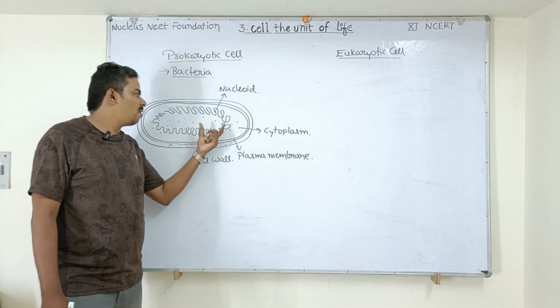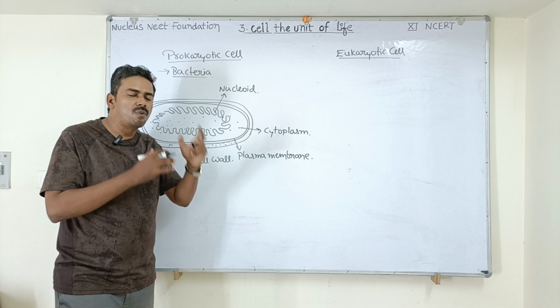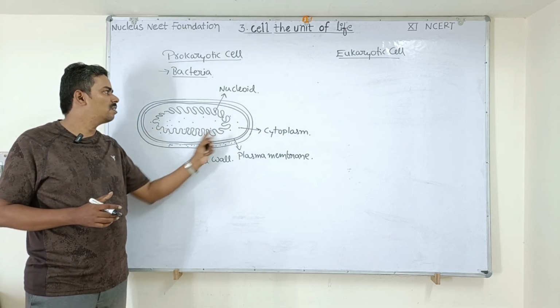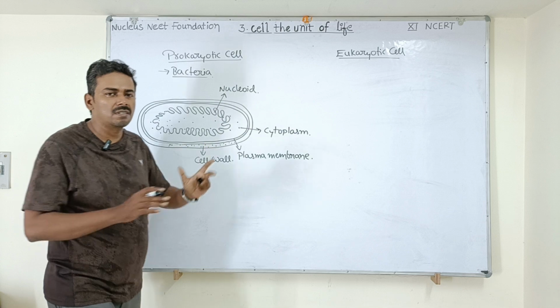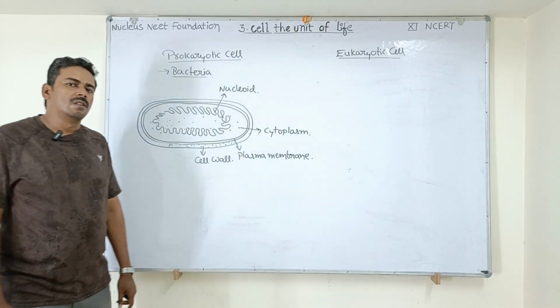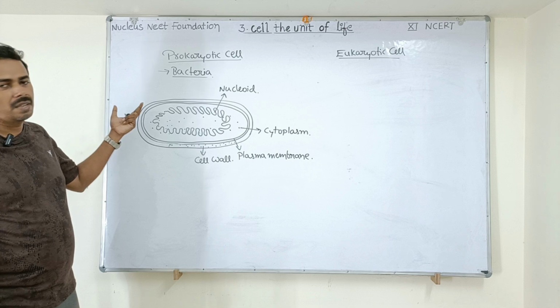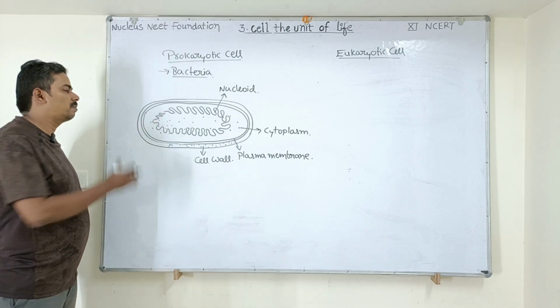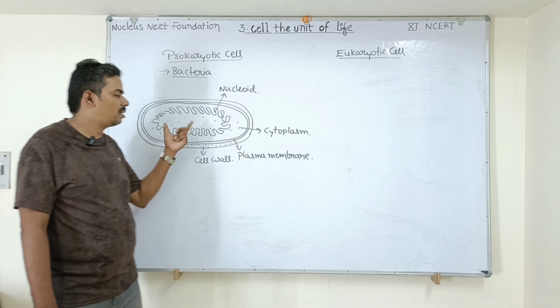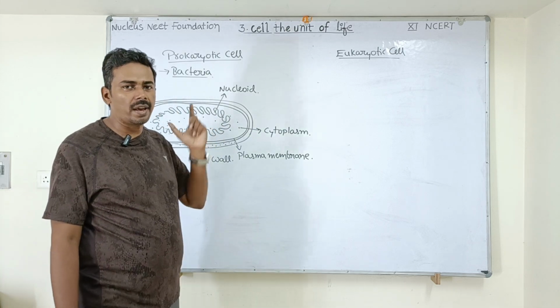So this is the region where you can find compactly folded DNA. Circular DNA is compactly folded and packed. This region is called as nucleoid. It is not covered by any kind of membrane. So that's why they are called prokaryotic cells, because nucleus is absent. So this is one of the important character of a prokaryotic cell.